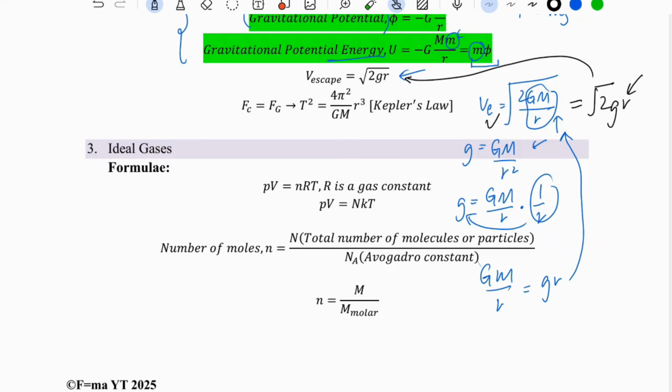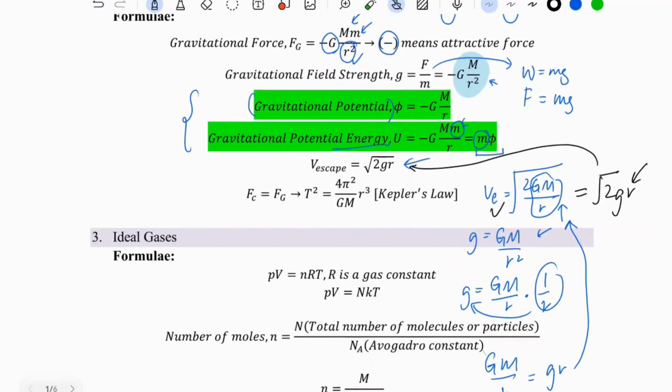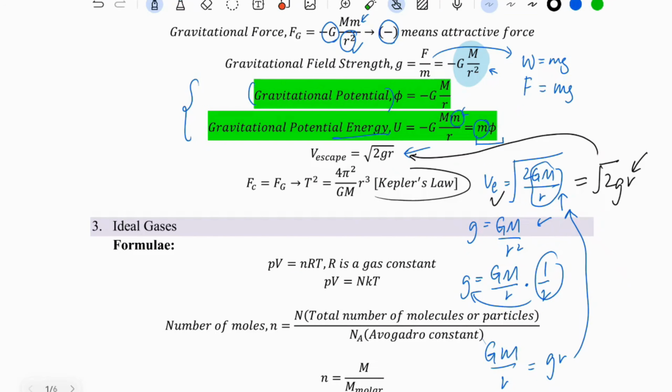Then the last one, which is Kepler's law. I believe we need to know how to derive this Kepler's law. How you start the derivation is centripetal force equals gravitational force. Then you equate them, you derive, then eventually you'll get T squared equals 4 pi squared over GM times r cubed. G is your gravitational constant as usual, M is the mass of the planet, T is the period, r is the radius of the orbit.